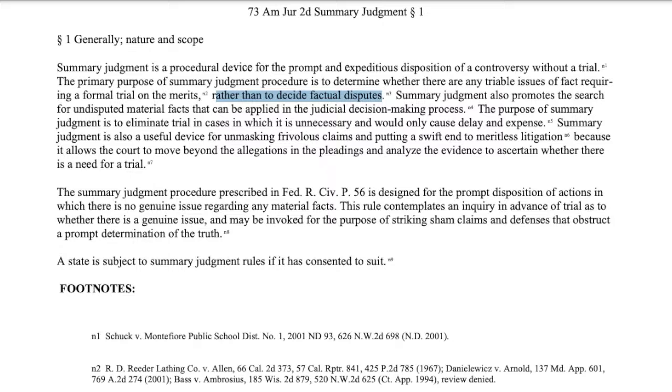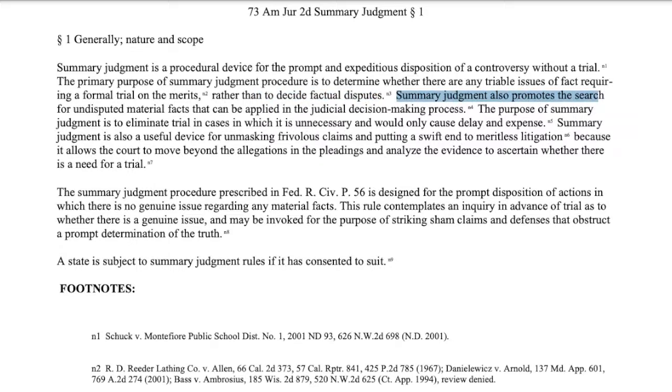So it's whether there are triable issues, rather than deciding the factual disputes.